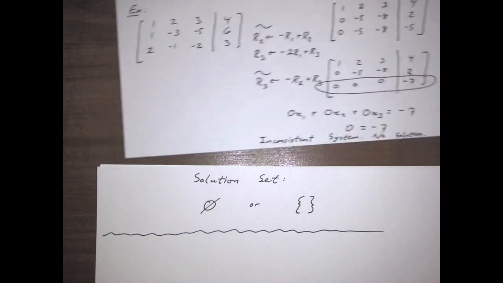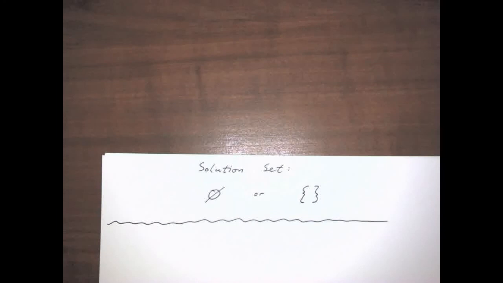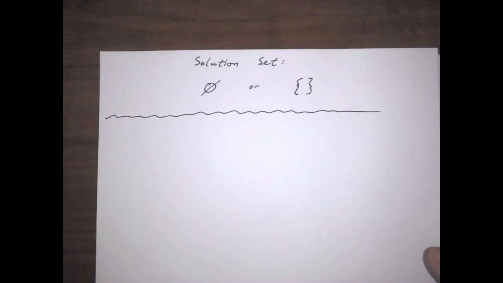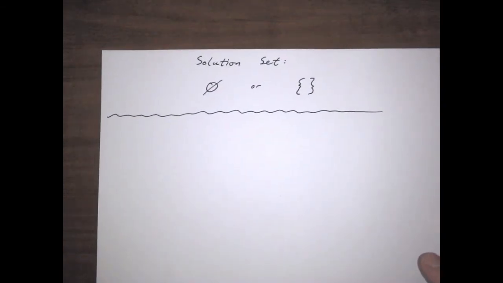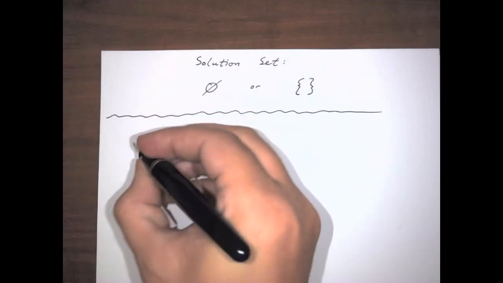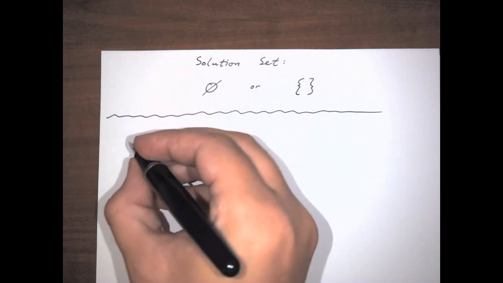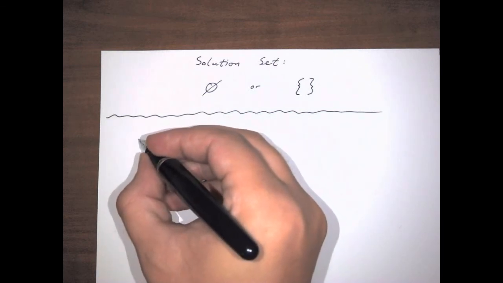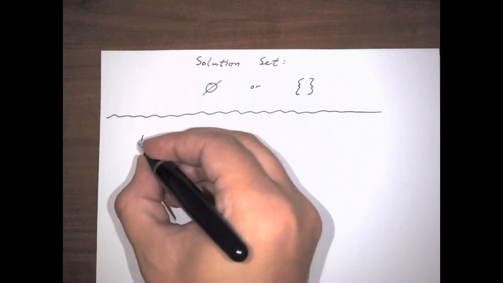So that's a sign of what it looks like when you have an inconsistent system. Now, as for what it looks like when you have a system that has infinitely many solutions, that's not something we're going to focus on so much in this section because it'll be an important matter for us in a lot of other sections and it's a bit complicated. So we'll need a little bit more time to let that topic breathe. But let's give a little indication of the telltale sign to look for. Infinitely many solutions.